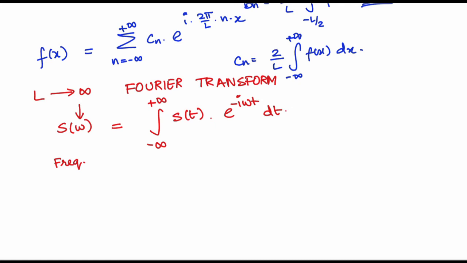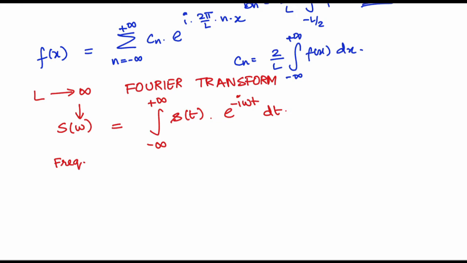This is called a Fourier transform. And capital S of omega and small s of t are called Fourier pairs. Meaning, if you know S of t, the time domain signal, you can get the frequency domain spectrum. Conversely, if you know the frequency domain spectrum, you can also calculate the time domain signal.